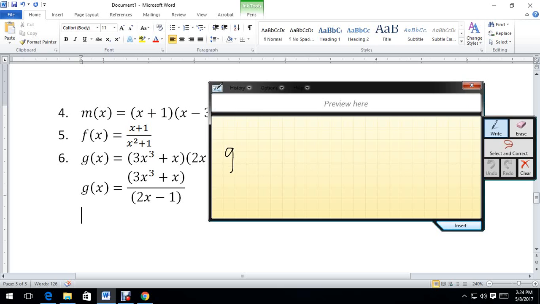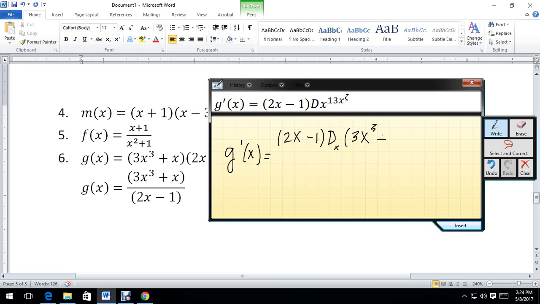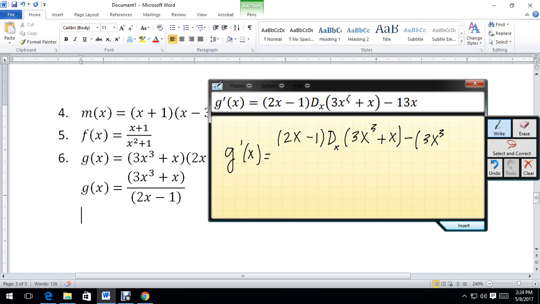You have g prime of x is equal to low, meaning 2x minus 1, times the derivative of high, 3x cubed plus x, minus low times derivative of high, minus high, 3x cubed plus x, times the derivative of low.